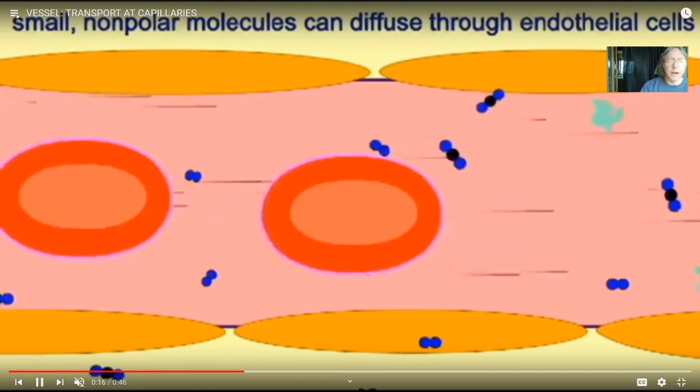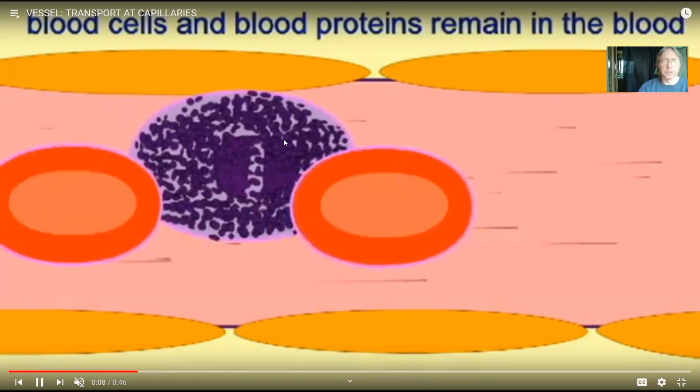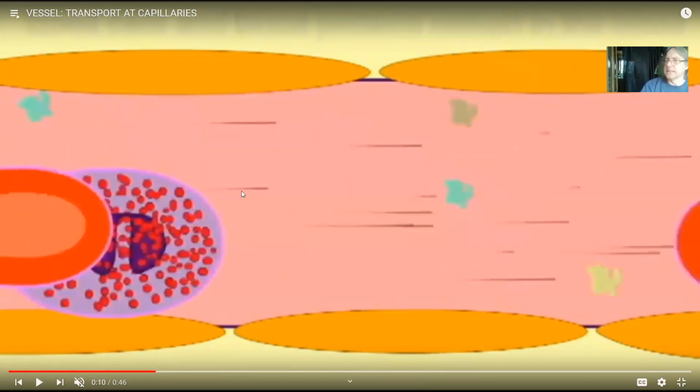So one topic is how does transport happen across capillary walls? There are spaces, even continuous capillaries can have intercellular clefts, which would allow material to leave.